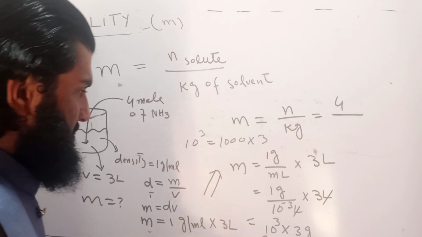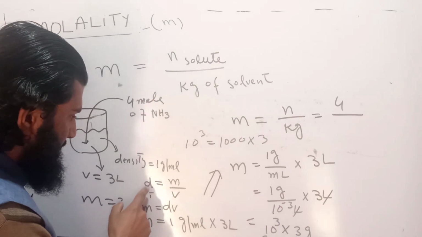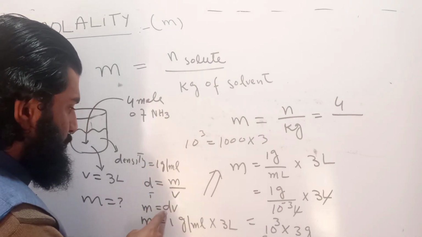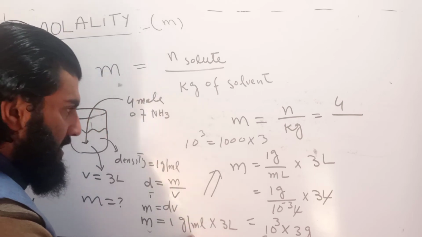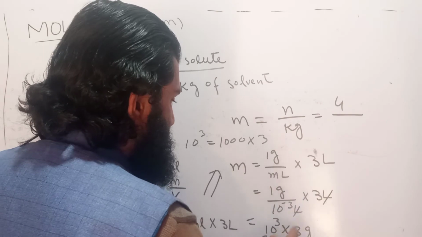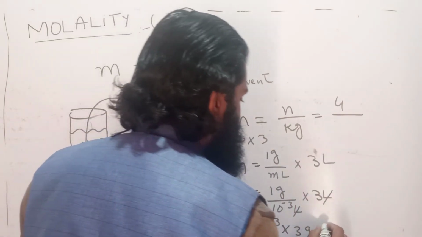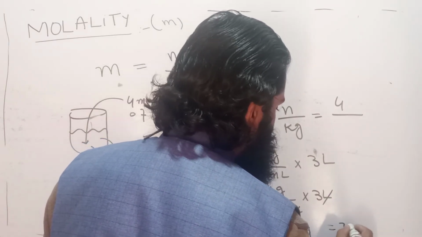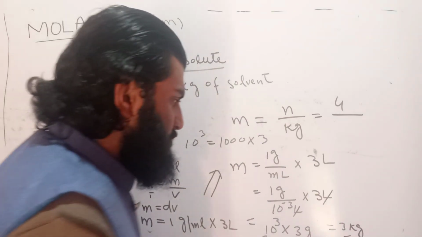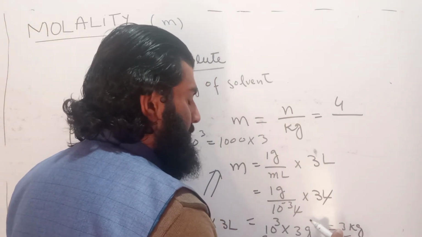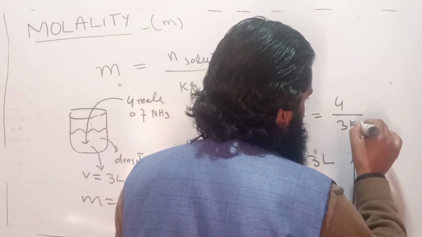In order to find mass in kilograms, density is equal to mass by volume, so mass is equal to d into v, which is 1 gram per ml multiplied by 3 liters. Liter and liter cancel, and it is equal to 3000 grams, and 3000 grams is equal to 3 kilograms. Now this is the mass of the solvent.